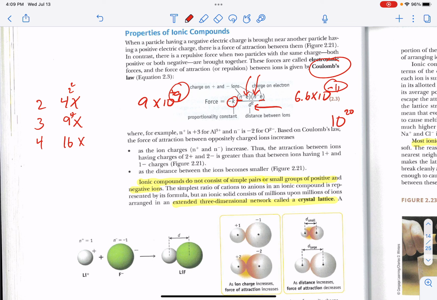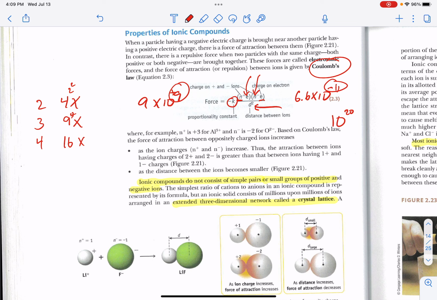In other words, if we were to say a billion, that would be 10 to the 18th, and then 100 would give us 2 more powers of 10. So the electrostatic force of attraction is 100 billion times stronger than gravity, which is a good thing because when things fall and hit the ground, you don't want atoms or molecules breaking apart.